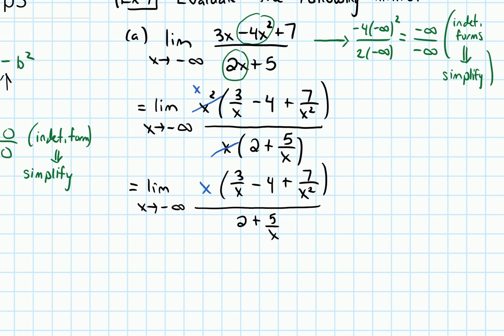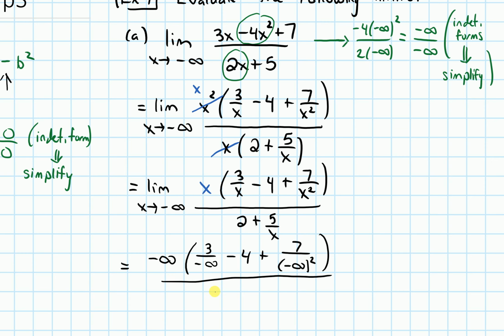Now, let's try plugging in. So if we plug into this, plug in negative infinity this time into the x, we'll get negative infinity out in front. And then we'll get 3 over negative infinity minus 4 plus 7 over negative infinity squared. And then all over 2 plus 5 over negative infinity.